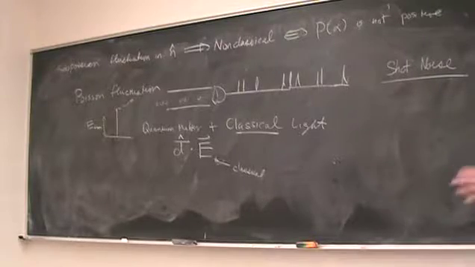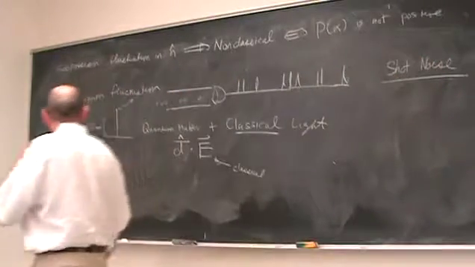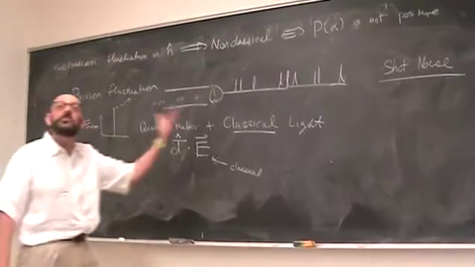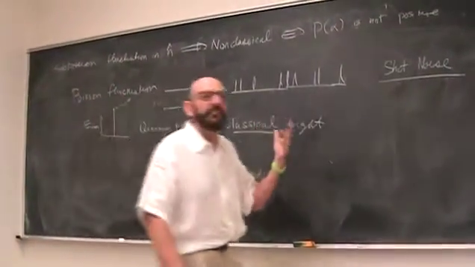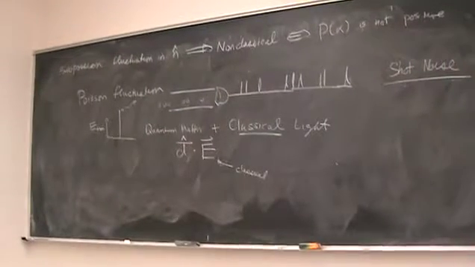But if I see sub-Poissonian statistics, there's no way to mock that up in terms of classical matter with the classical light.